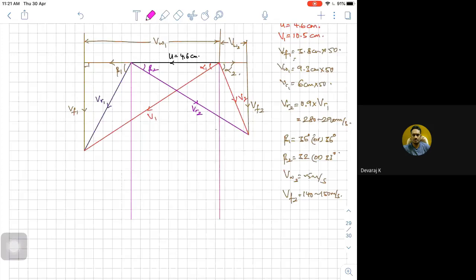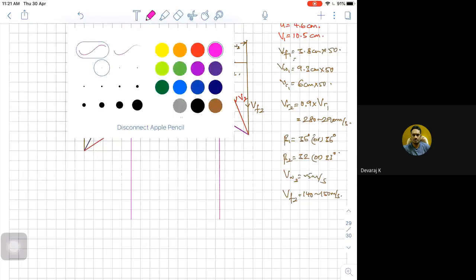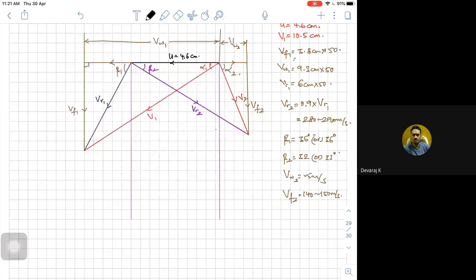And in the second stage, this will be your U, which remains the same. What will happen to your triangles? These triangles will get reduced, becoming smaller and smaller. And this is the multi-stage problem.